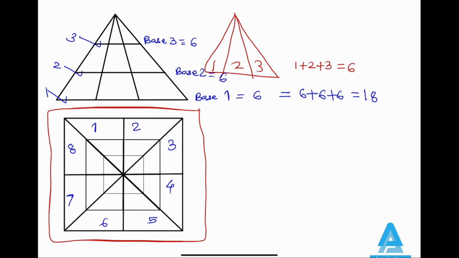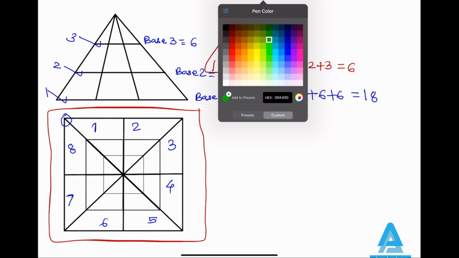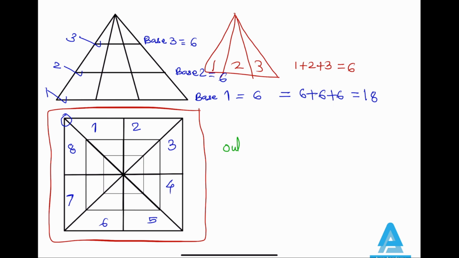For this outer square, it is 8 multiplied by 2, that is 16.